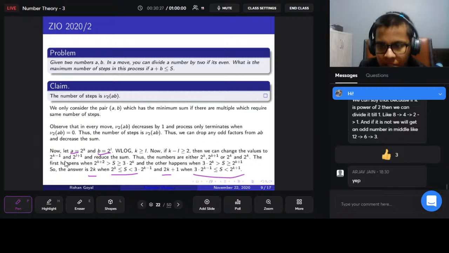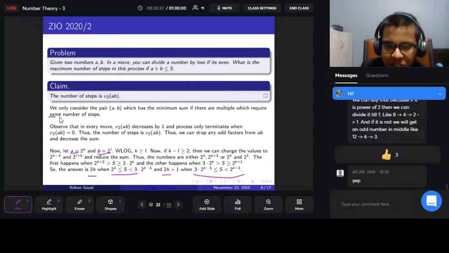Their sum decreases, because the new sum decreases by 2 to the k minus 1 and increases by 2 to the L, so it reduces because 2 to the k minus 1 is greater than 2 to the L. And the number of steps stays the same. Earlier it was k plus L, now it's k minus 1 plus L plus 1, so that's still k plus L. So we managed to reduce the sum of the numbers.